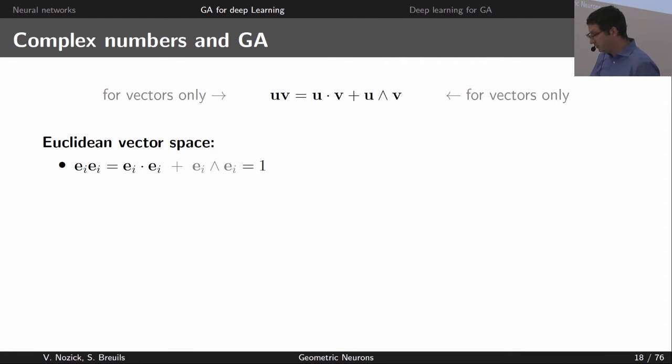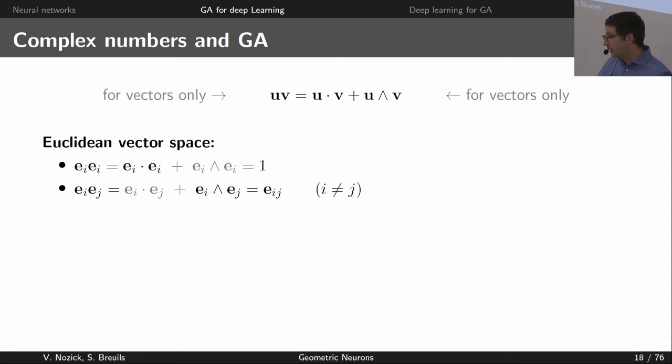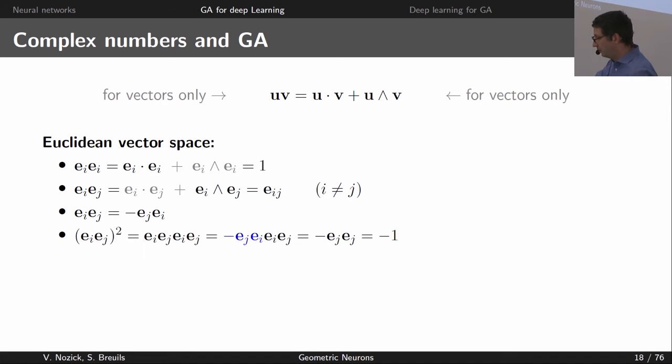If we take two different basis vectors, then the inner product will make 0 because they are orthogonal, and the outer product will remain. And this outer product anti-commutes, so if we want to permute these two elements, we just have to put a minus. That's fine. And the very interesting one is the next one.